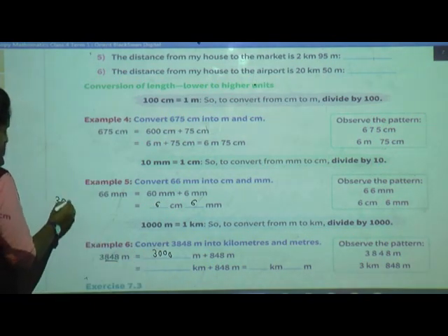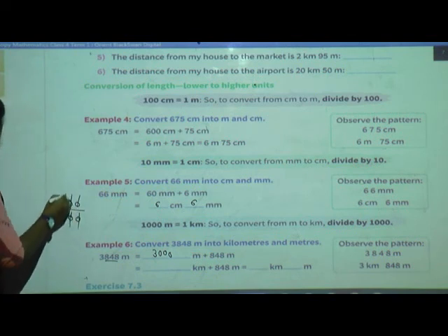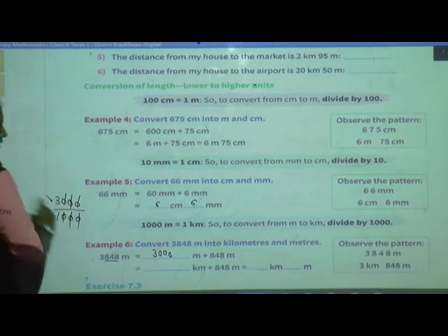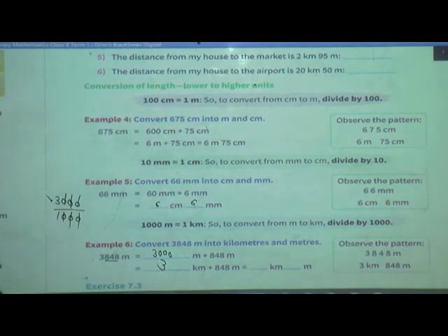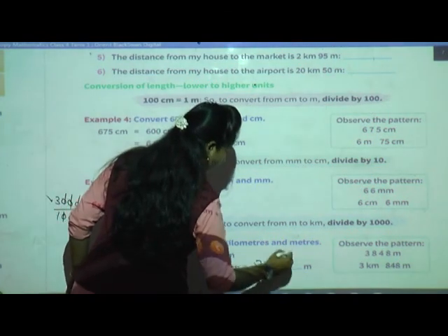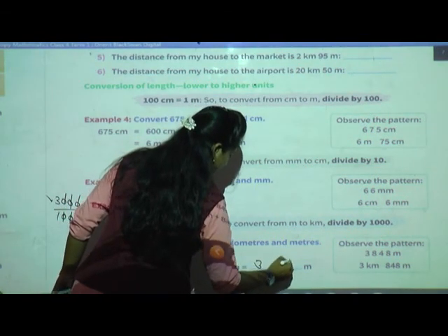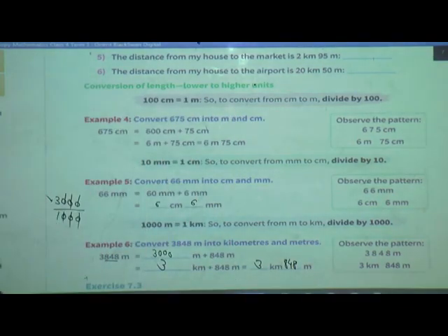So 3000 divided by 1000, cut the zeros. So what is remaining? 3. So write here 3 kilometer 848 meter. Okay, 3 km and 848 meter. Understood?